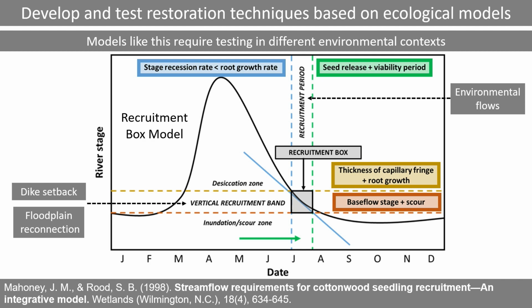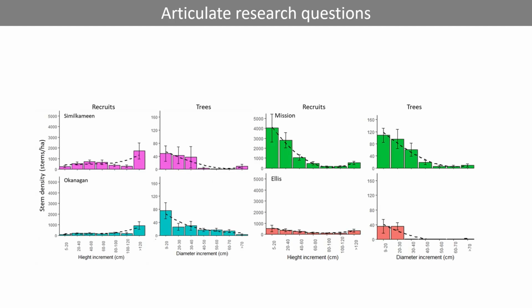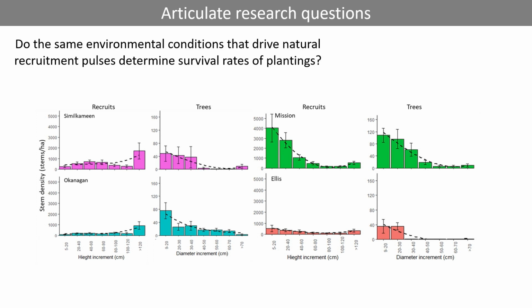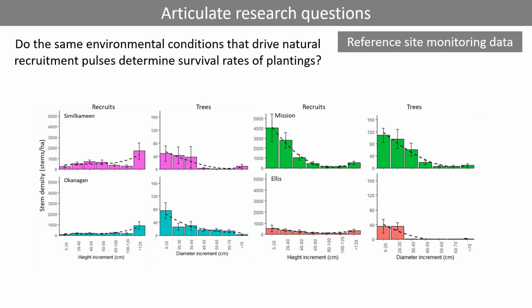And definitely models like this require testing in different environmental contexts. So another idea that we could look at together is that the environmental conditions that drive natural recruitment pulses also determine survival rates of plantings. So if you give us your reference site monitoring data, as long as you're measuring the sizes of individual plants, we can create these size distributions.